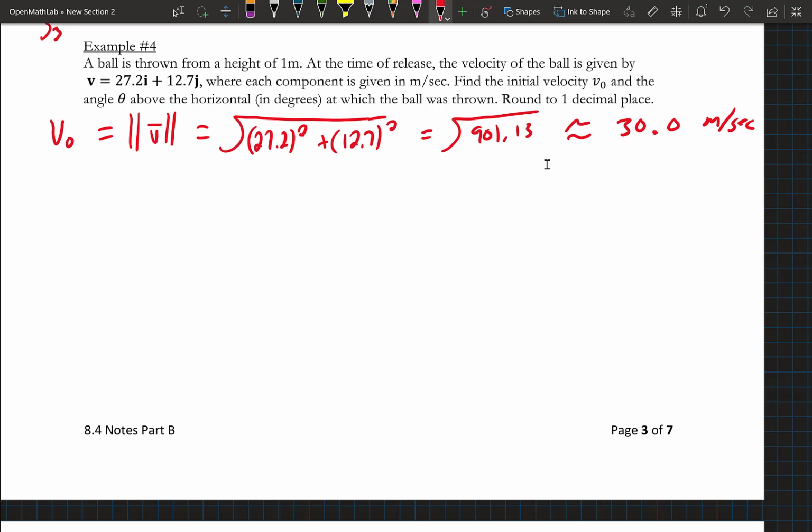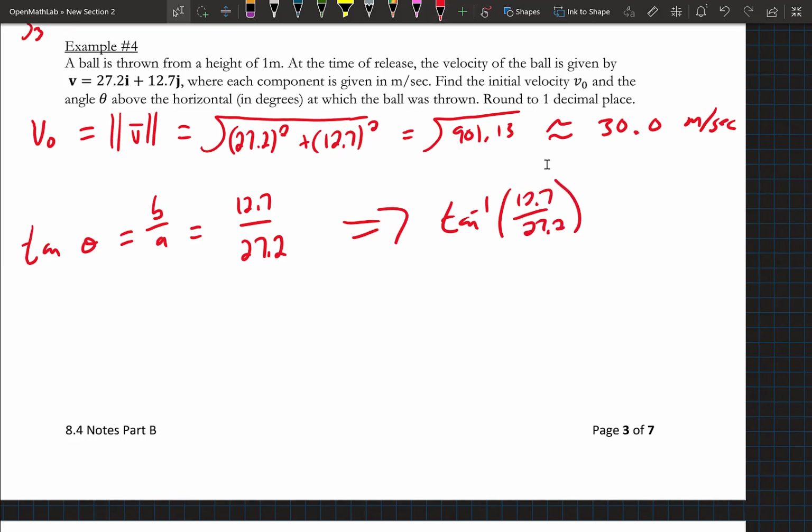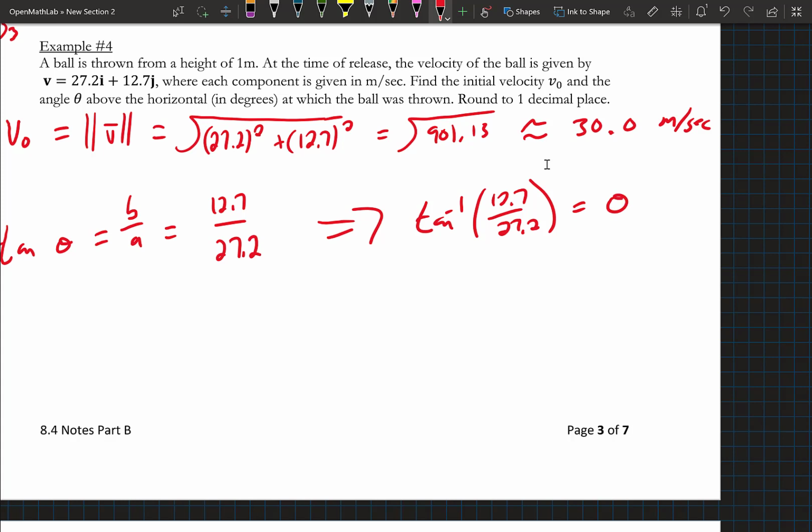So then what I need to do next is to find theta. Remember, tangent of theta equals b divided by a, which would be 12.7 divided by 27.2. So in other words, inverse tan of 12.7 divided by 27.2 is going to equal theta.